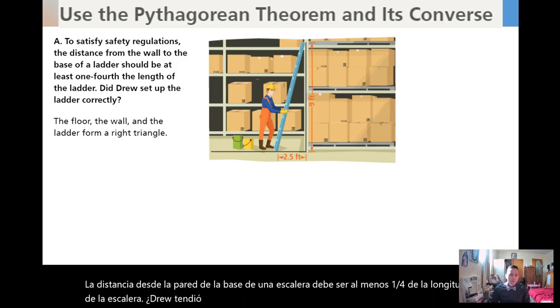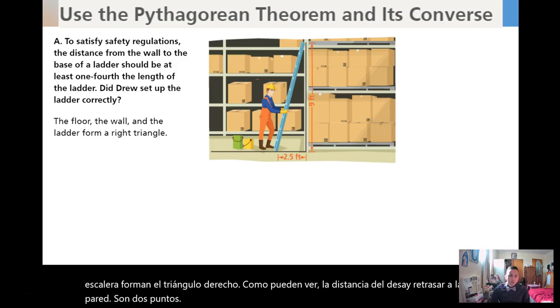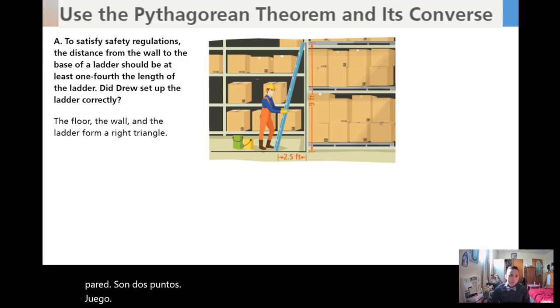The floor, the wall, and the ladder form a right triangle. As you can see, the distance of the ladder to the wall is 2.5 feet, and the height of the wall up to the end of the ladder is 9 feet.